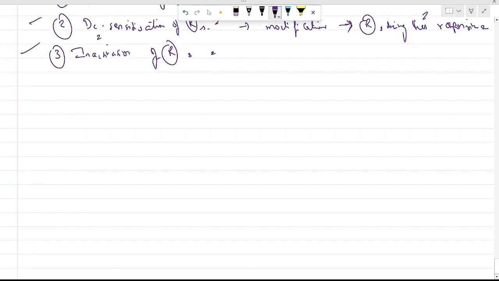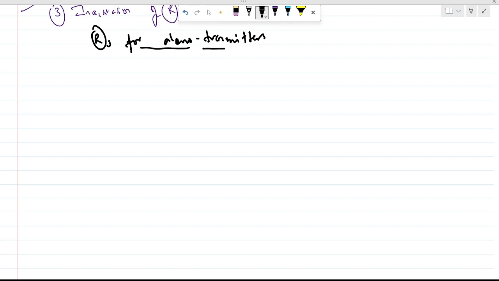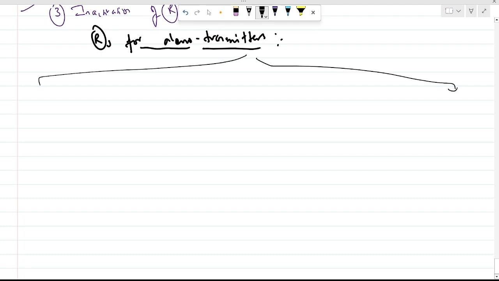So, to see another topic, there are the receptors for neurotransmitters. This topic I have left. For the receptors for neurotransmitters, we have two types. First one is ligand gated.